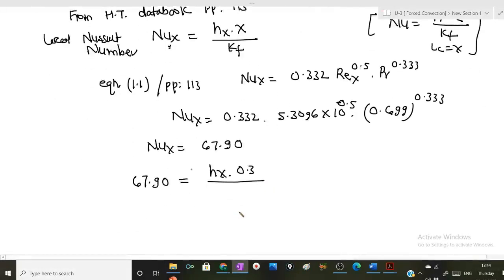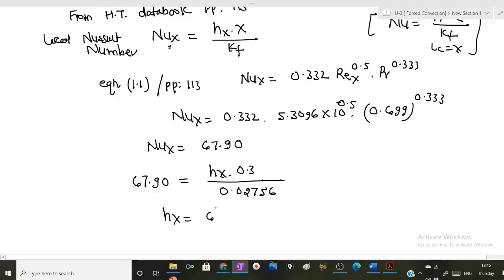Once again, I am repeating, it is the thermal conductivity of fluid, not of the surface over which fluid flow is taking place. So the value of Hx comes out 6.2.